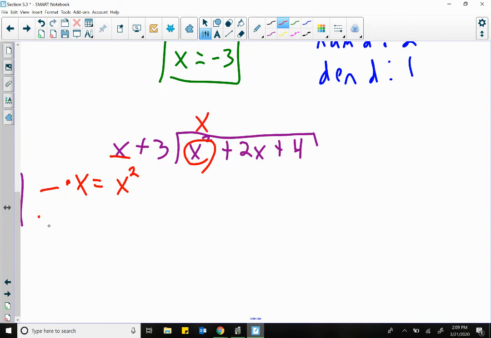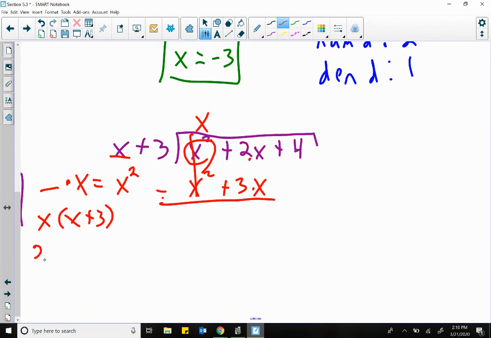So now we got to take that x and multiply it through. X plus 3. So what's x times x? X squared, which we knew was going to happen. What's x times 3? A positive 3x. And then you subtract down. So the x squareds are going to cancel out. And then we have over here 2x minus 3x.